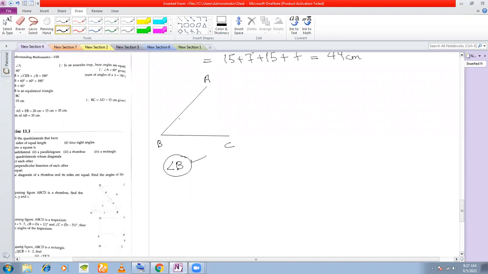Normally, when you have this kind of an angle, we call it angle ABC. We keep B in the middle, because we are talking about this angle. So we call it angle ABC, or we can also call it angle CBA, as long as B is in the middle. You understand?